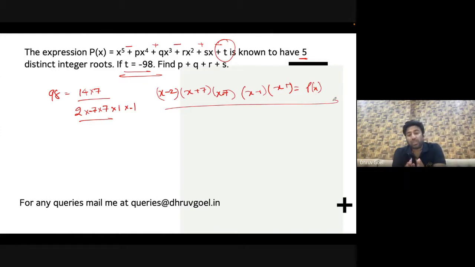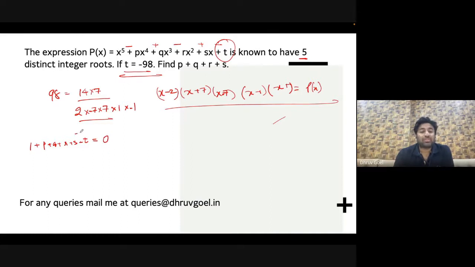If I put the value of x as 1, I'll get 1 plus p plus q plus r plus s plus t, which should be equal to 1 minus 2, 1 plus 7, 1 minus 7, 1 minus 1. If this expression becomes 0, that means overall this value becomes 0.